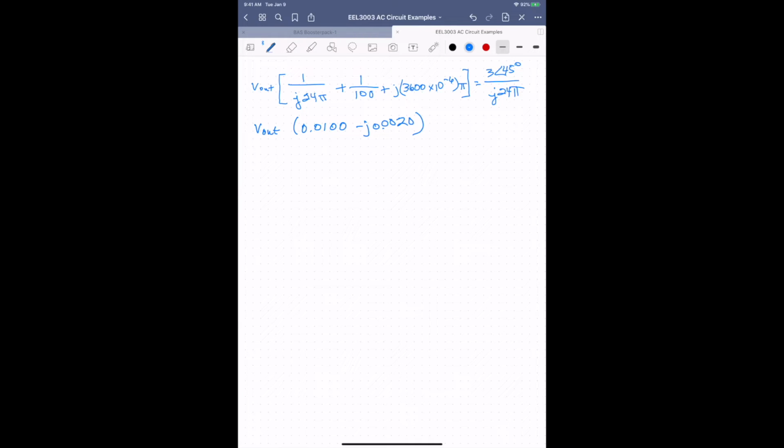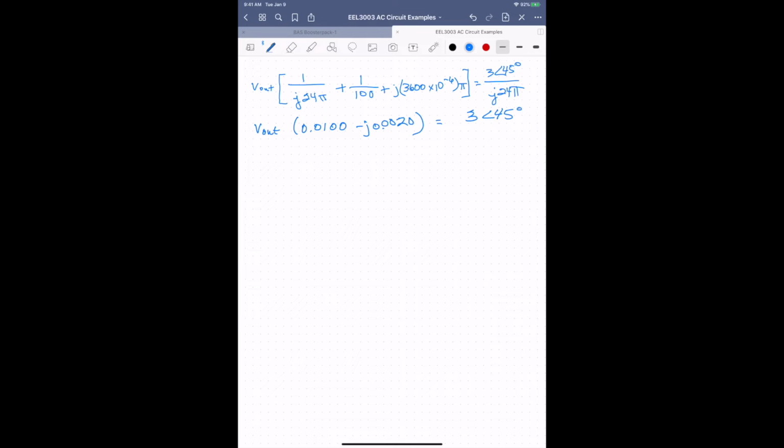So now this is simplified into a complex number. So V out times that number will be equal to 3 at an angle of 45 divided by J times 24 pi.